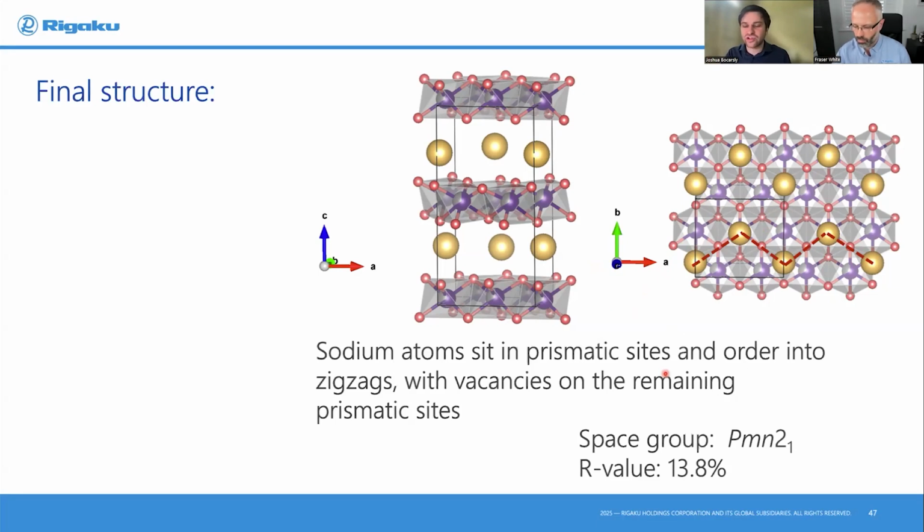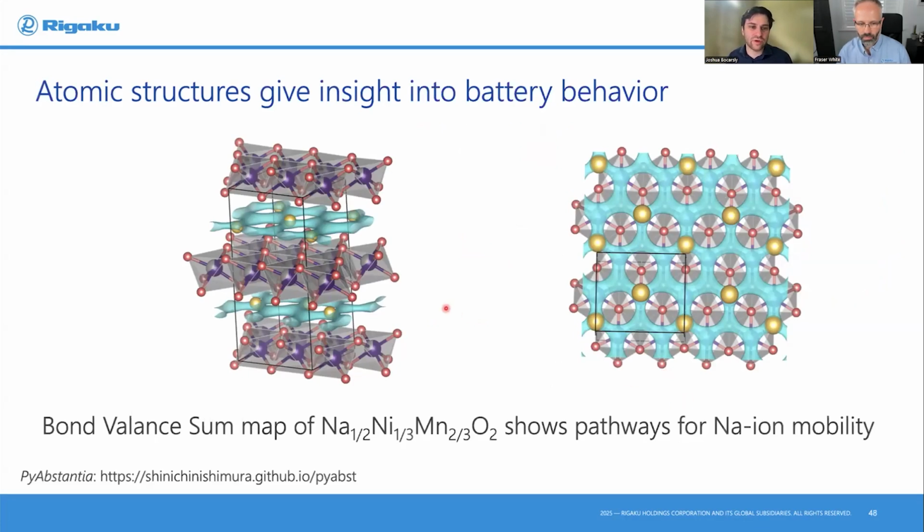Once you have these structures, there's a lot that can now be done. This is now the basis for all sorts of simulations, but also even just looking at the structure. For example, this is a bond valence sum map, which shows the areas in the structure that have the bond valence within 15% of 1. So in other words, the parts of the structure that would be happy to have a sodium sit in them.